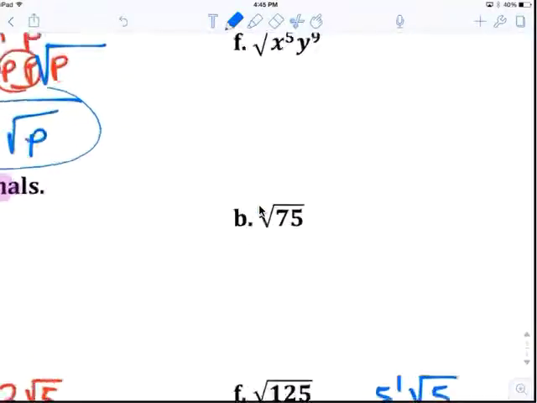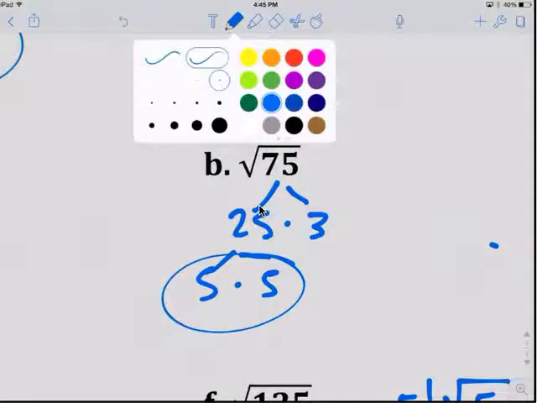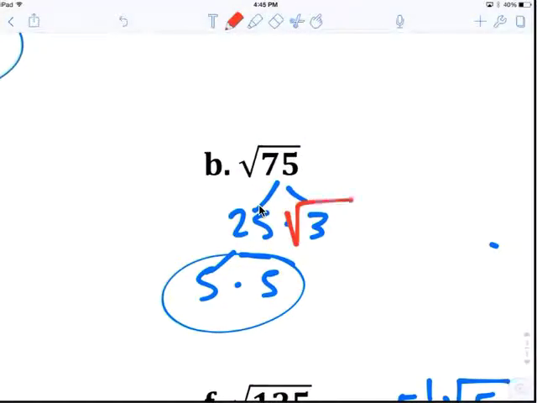So remember, this is like 25 times 3, 5 times 5. So your answer is 5 radical 3. Okay, that's how you do it.